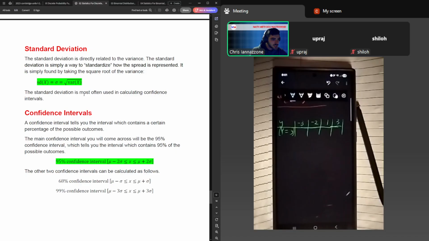And then standard deviation. So this will be your favorite little thing for probability, and the reason why is because it's always calculated the exact same way. That equation we just did for variance, all you do is chuck a square root on it, and that becomes your standard deviation. It's a very similar statistic.